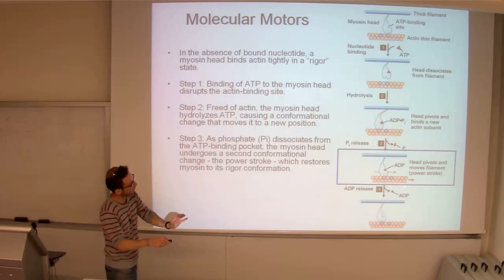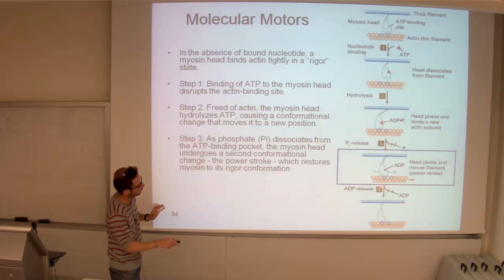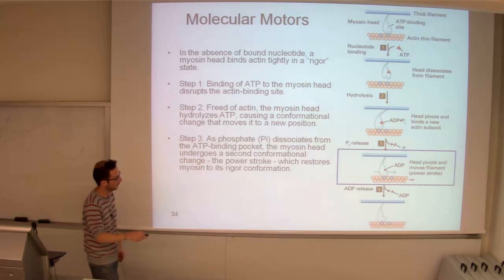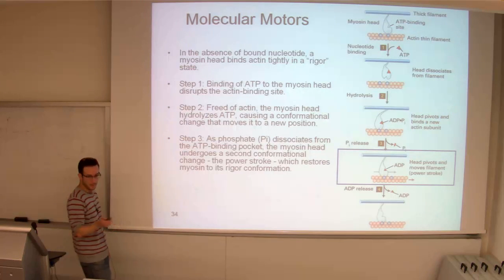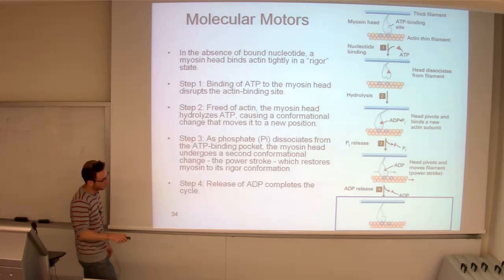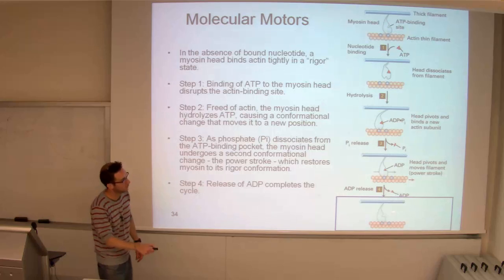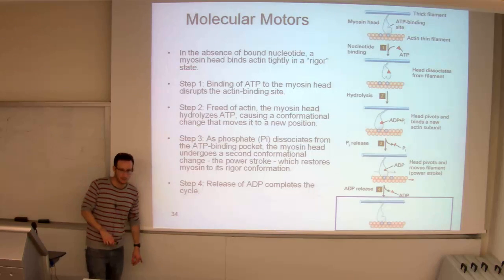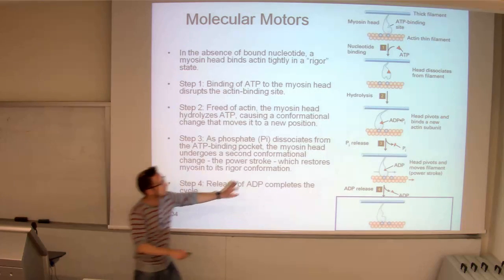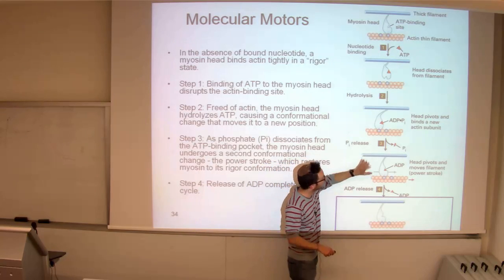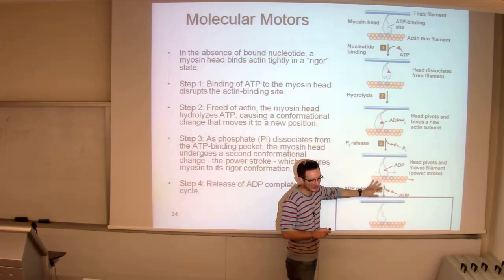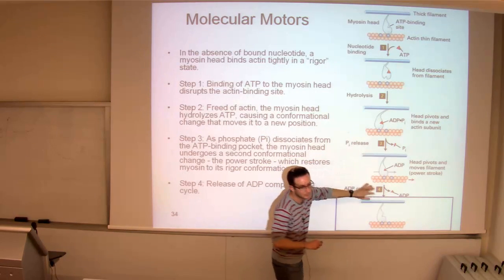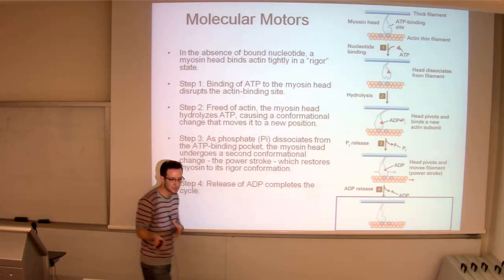Now the thin filament is pushed forward in relation to the thick filament. And dissociation of ADP from the binding site is what completes the cycle and it is now ready to bind a new ATP right here. Okay, so again, just to note that, in neurons it will look a bit different, but it's precisely the same principles in muscles and inside the cell.